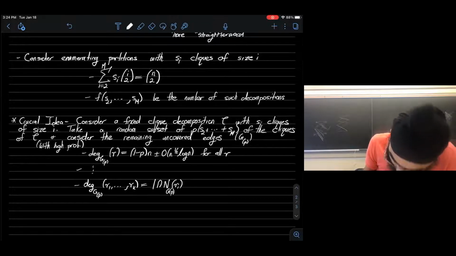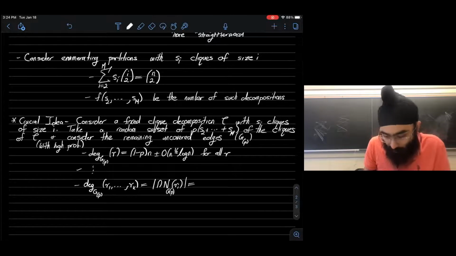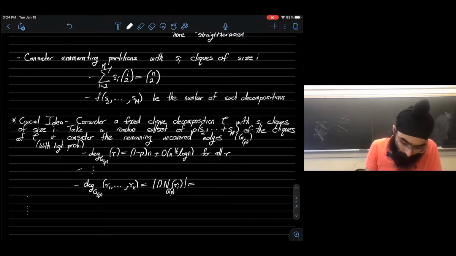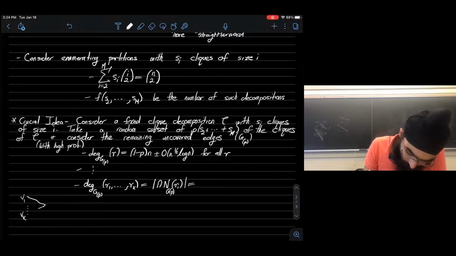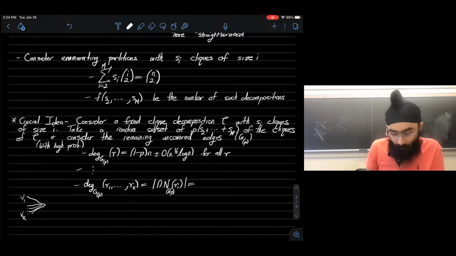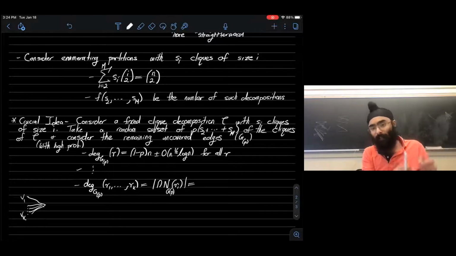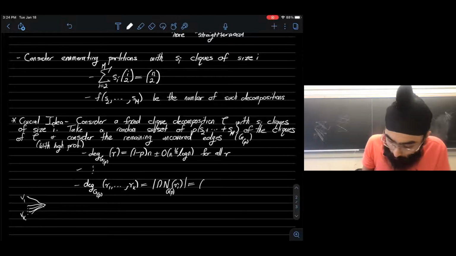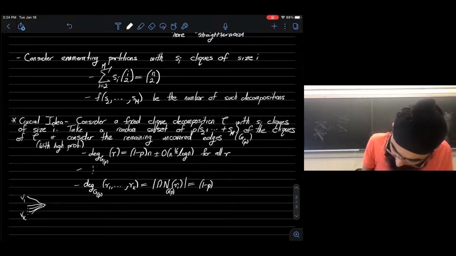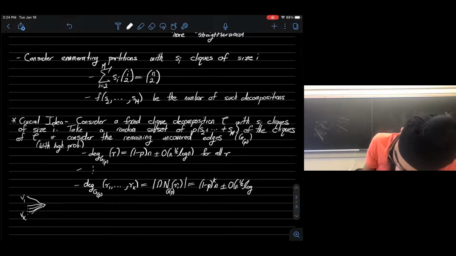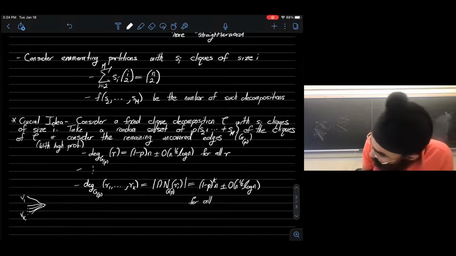So this is the common neighborhood of these vertices: I look at the set of vertices v which are connected to all of them. The probability you're connected to each vertex is 1 minus p if this were a random graph, so you'd expect this to be (1 minus p) to the k times n. And you have a similar error term, n to the 1/2, for all k less than m.